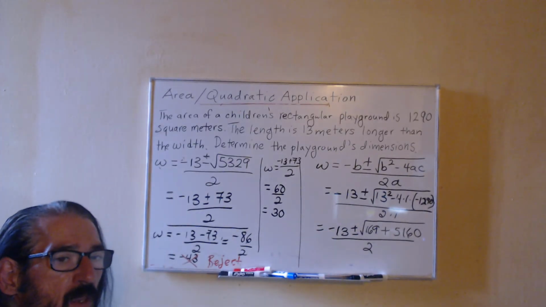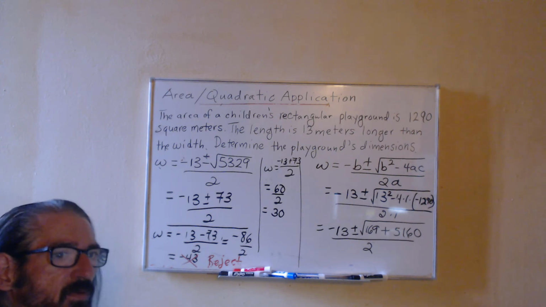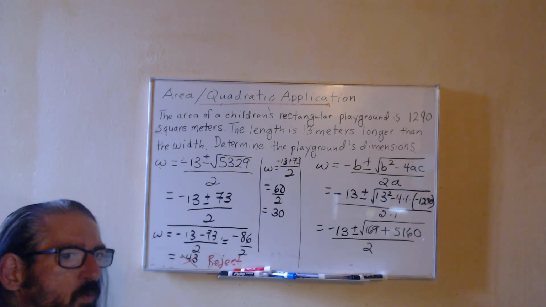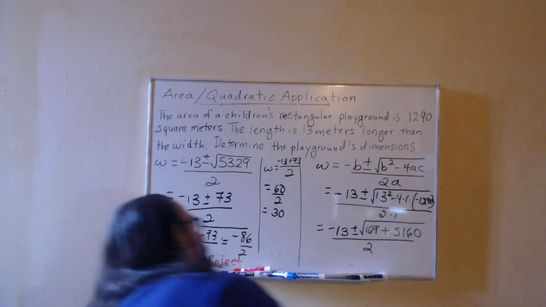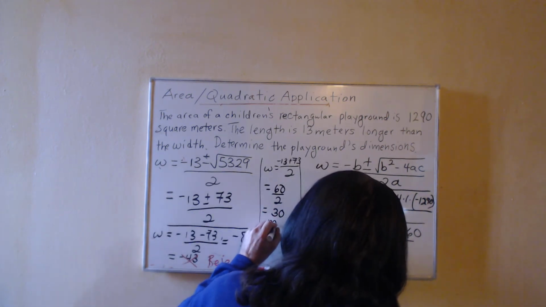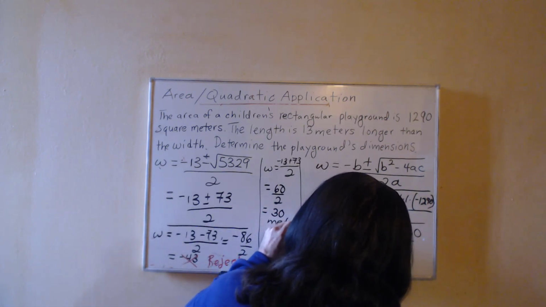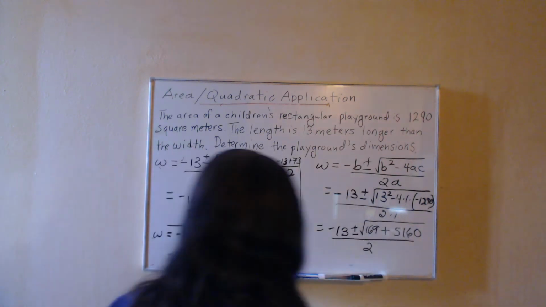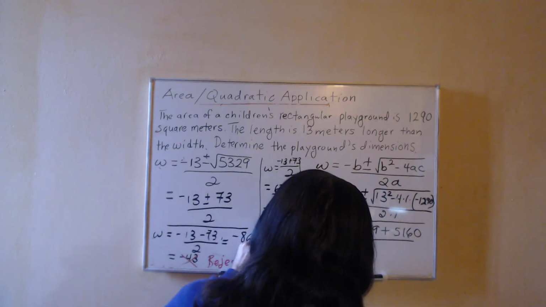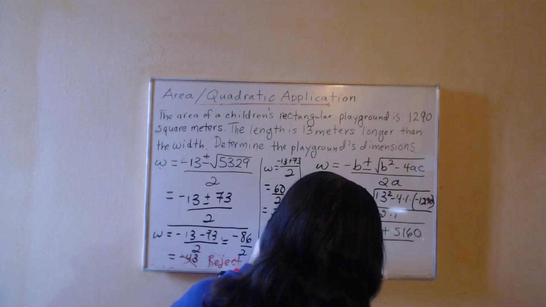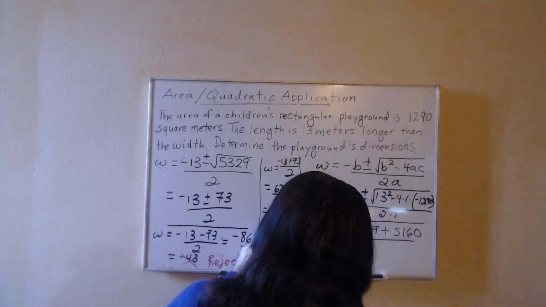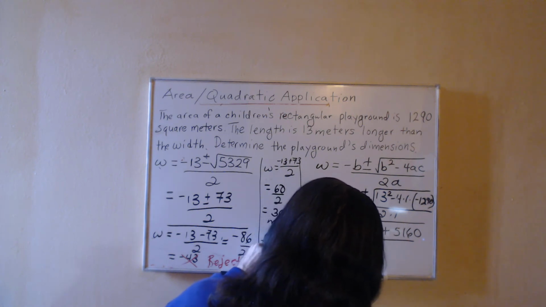That would be in meters. Area is in square meters. The length and the width are in meters. And so the length being 13 meters more than that, 30 plus 13 would give us 43 meters.